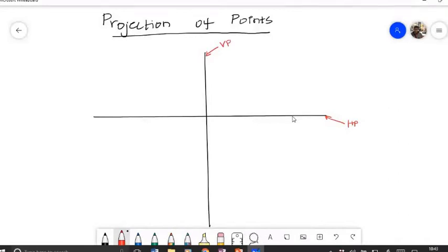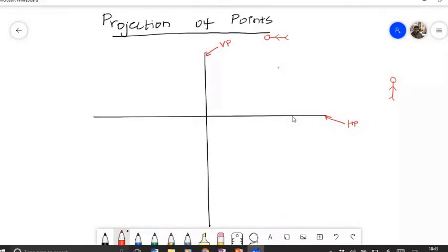Assume that I have a point here, something like this. This is the position of the observer for front view, and this is the position of the observer for top view. He will be standing above the point. Here he will be standing in front of the point.